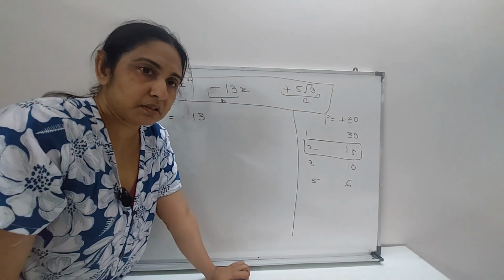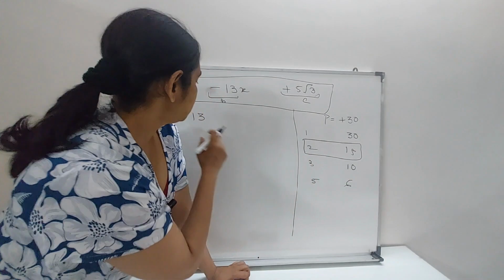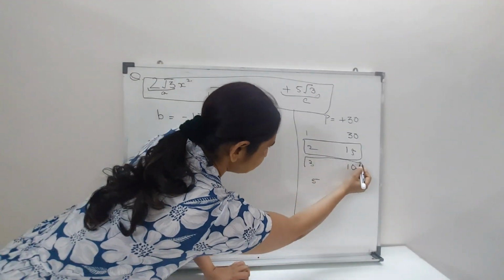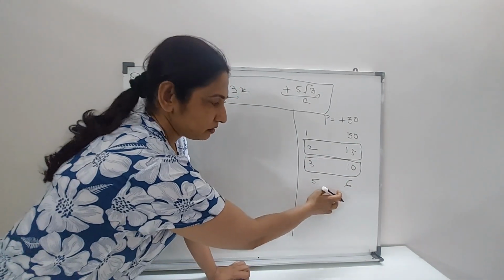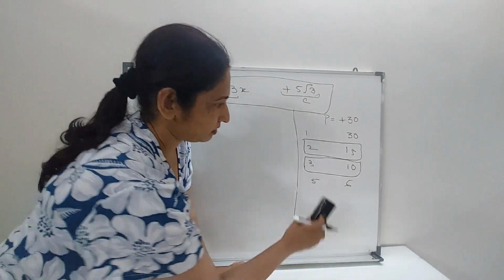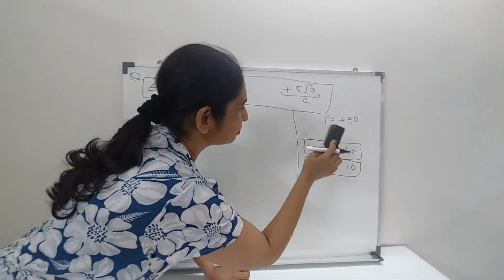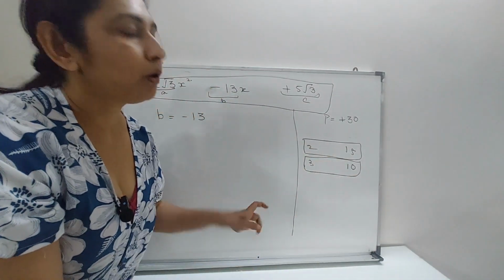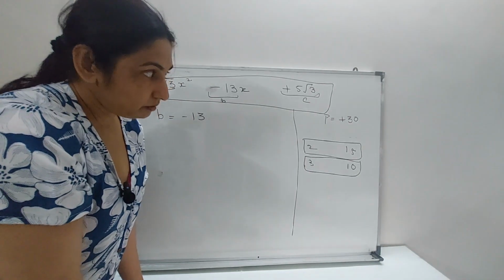So this is important. 3 plus 10, again you are getting a 13. So this is also important. 5 plus 6, 11. 5 minus 6, 1. Not important. You are not getting 13 from it. So the important ones are 2 and 15 or it could be 3 and 10, the options in the factors.